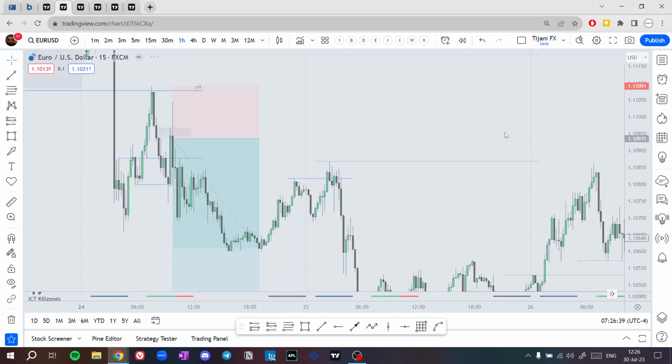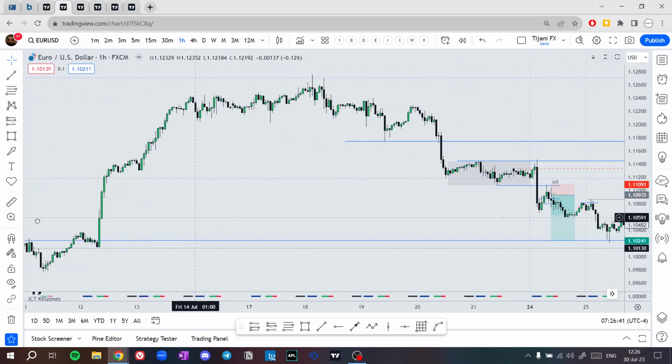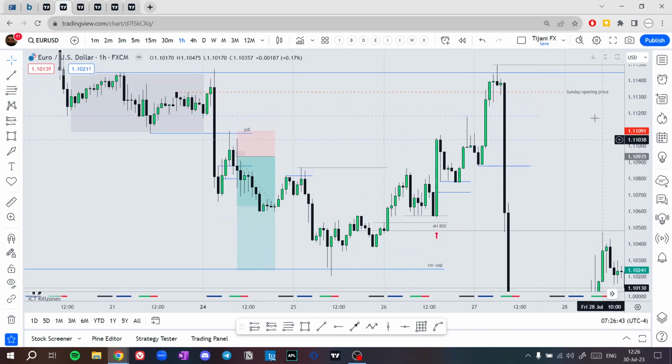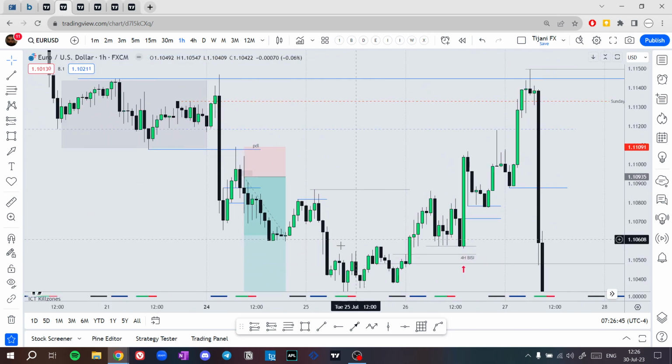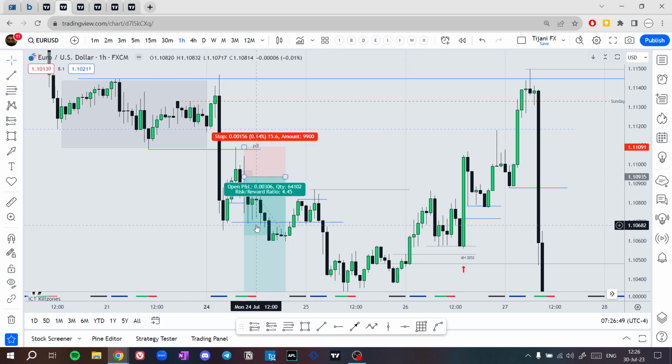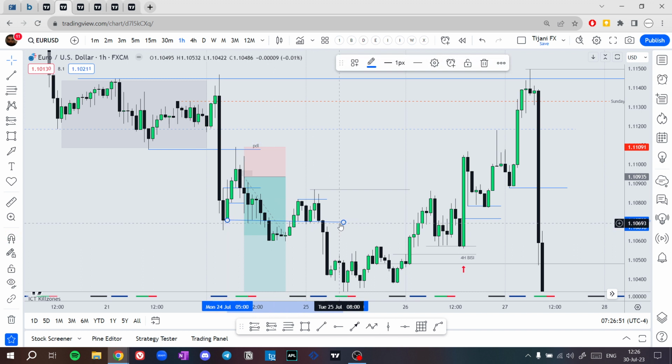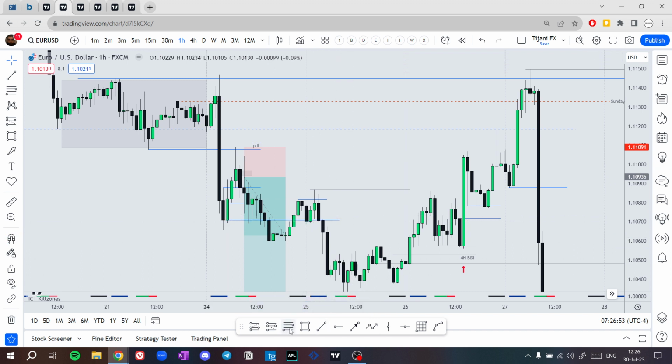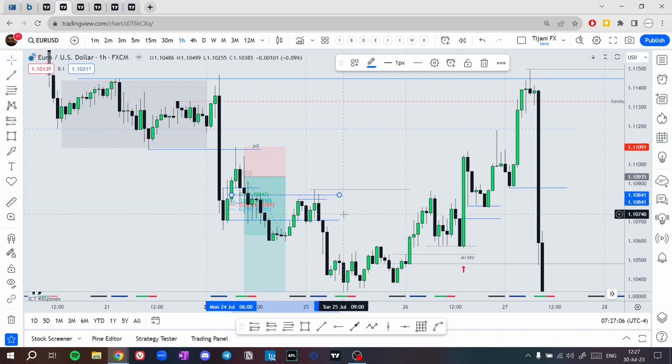High at what level? If you look at the 1 hour order block, if you see here, and if we use 50% with this order block, we're gonna have what? This is the 50%.